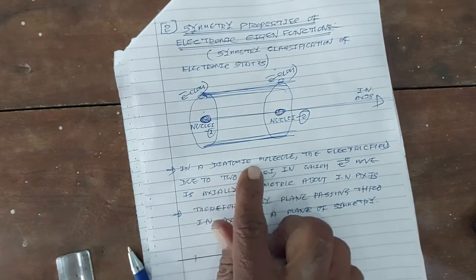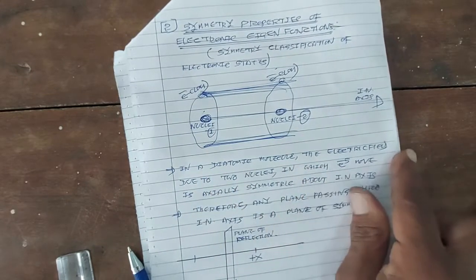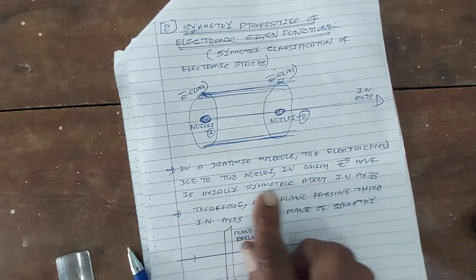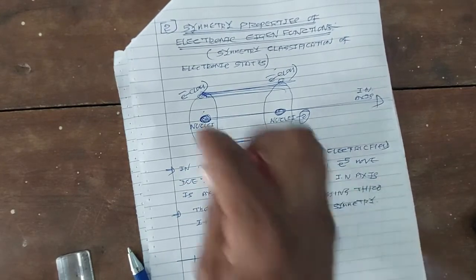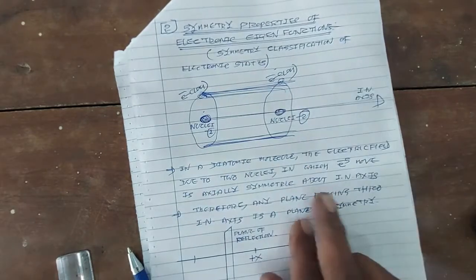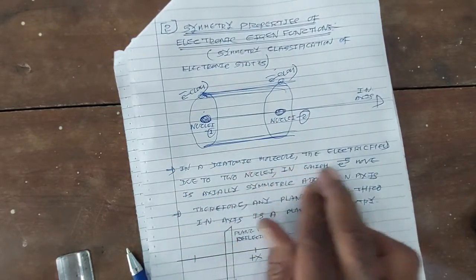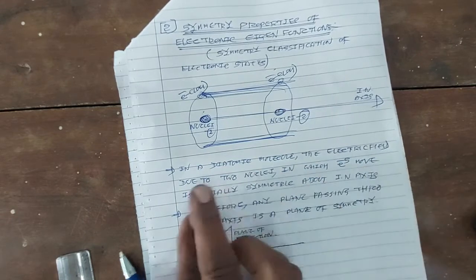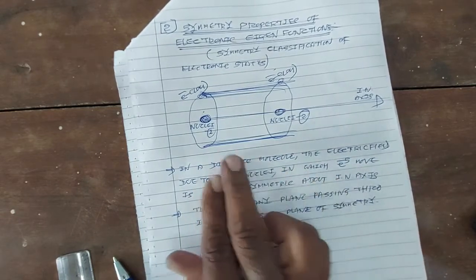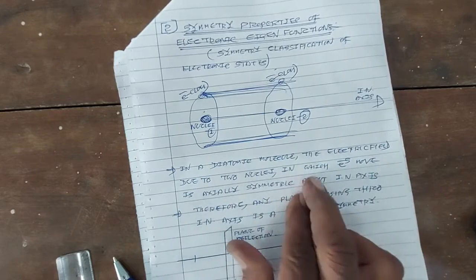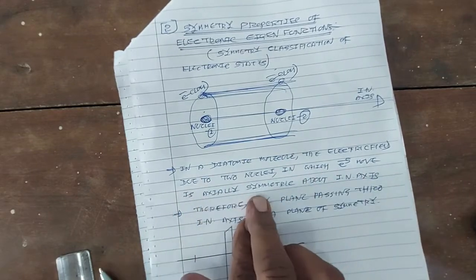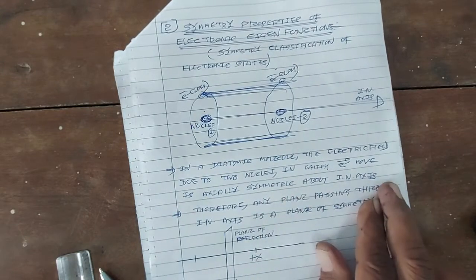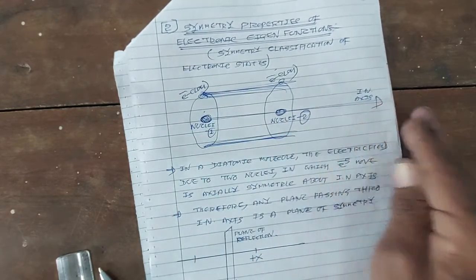So in the diatomic molecule, the electric field produced by the two nuclei in which the electrons are moving is symmetric about the internuclear axis. This electric field is an axially symmetric electric field about the internuclear axis.